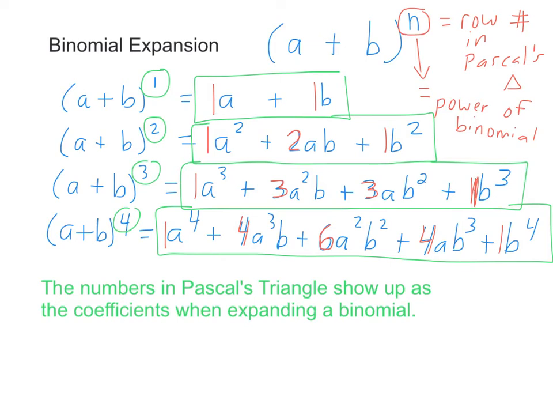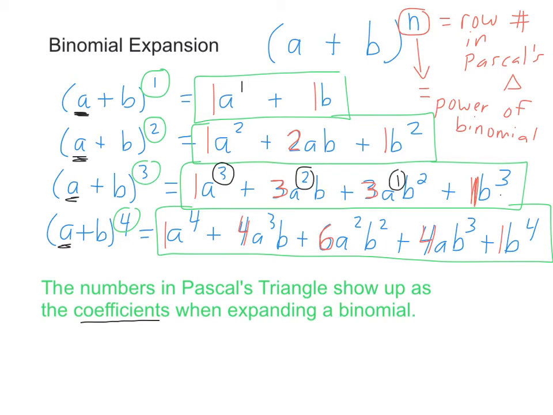Alright, so let's jot down some of our findings here. The numbers in Pascal's triangle from before are showing up as the coefficients when we expand the binomial. Also notice how the powers of a, which is just the first term in the binomial, start with n. Here's a good example. It starts at n, which is a 3, and notice how they're going down by 1.